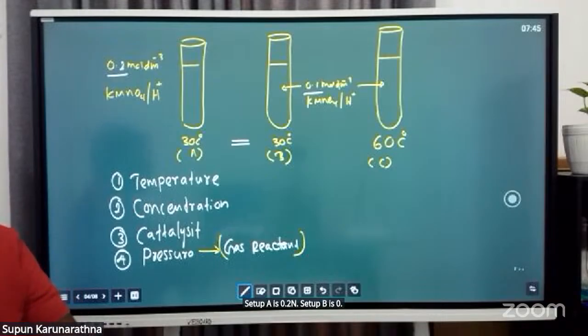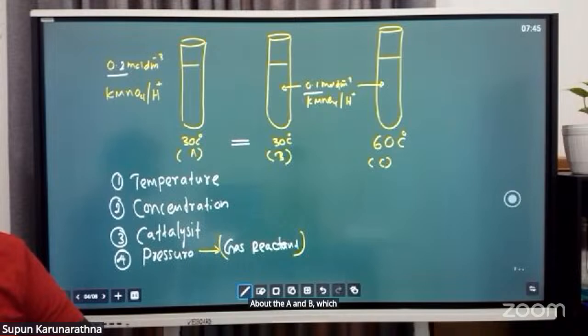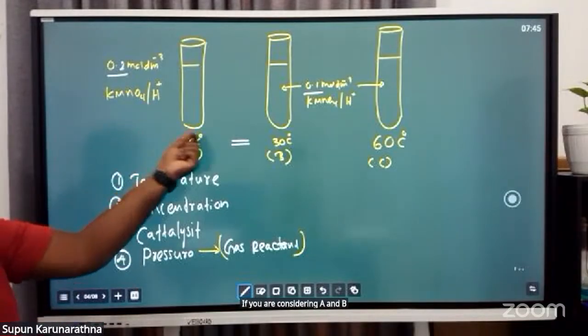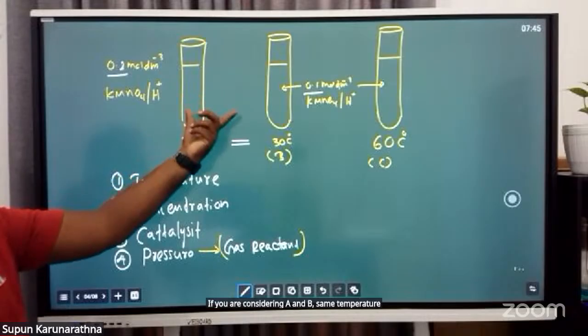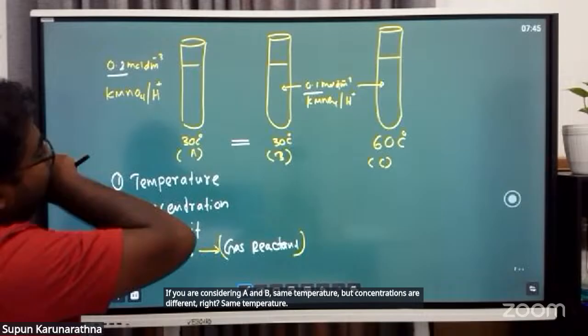What can you say about the rate of reaction of A and B? Which one shows the highest and which one the lowest? Same temperature but concentrations differ.